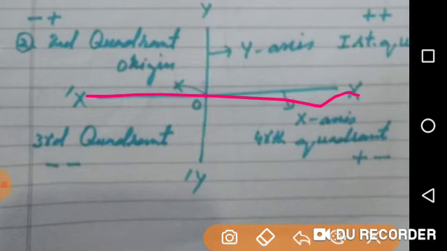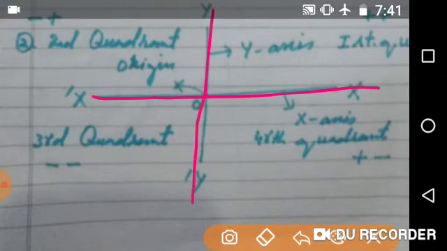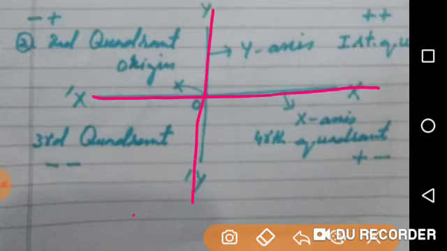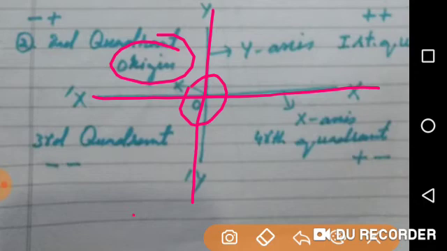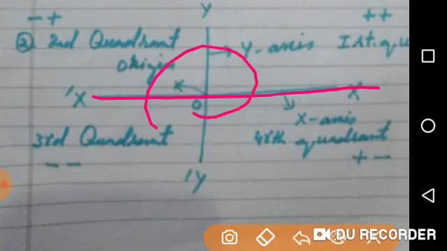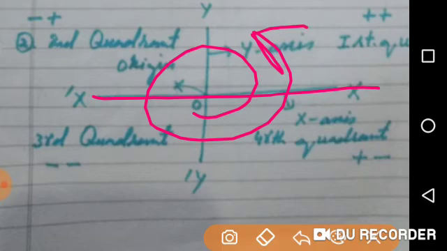In this case, this horizontal line is called x-axis and vertical line is called y-axis. The point where they intersect each other is called the origin, and the four parts into which this Cartesian plane divides a plane are called the quadrants, and they are named in anti-clockwise direction.